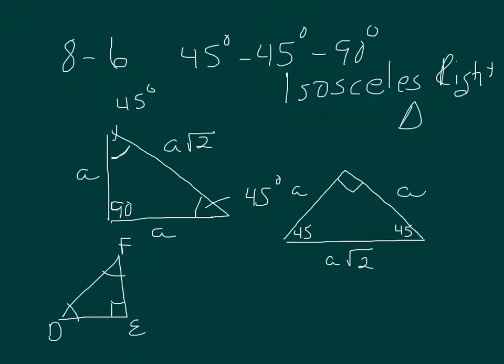And say that DE is 12. What is the length of FE? 12. What is the length of DF? 12 square roots of 2. Right? It really is easy if you keep in mind which sides correspond to which triangle.